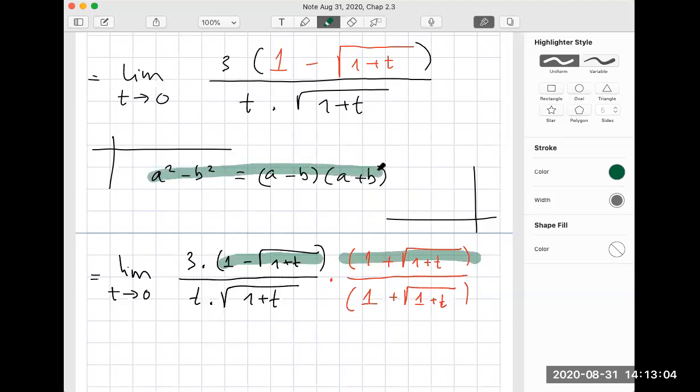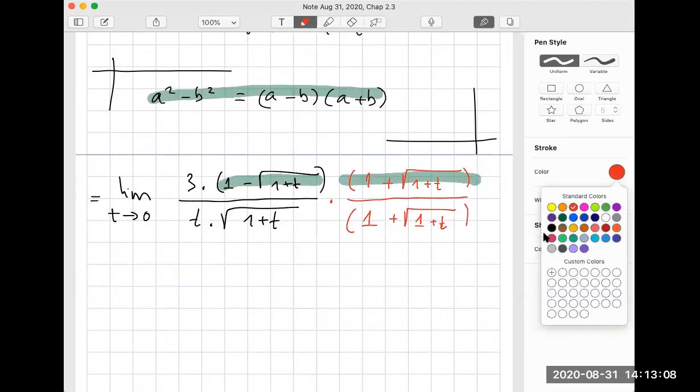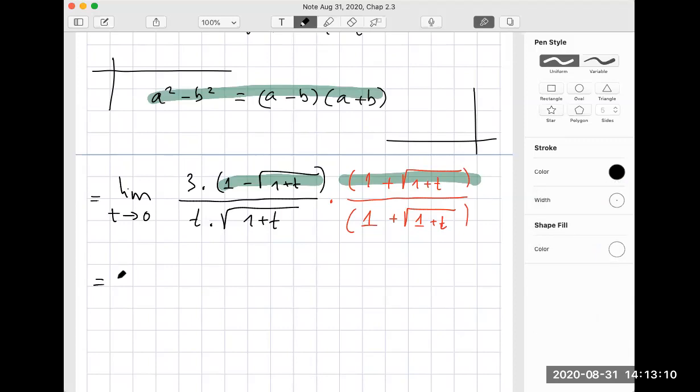So it becomes limit when t approaches 0, 3 times something inside here. And the denominator, we just rewrite it.